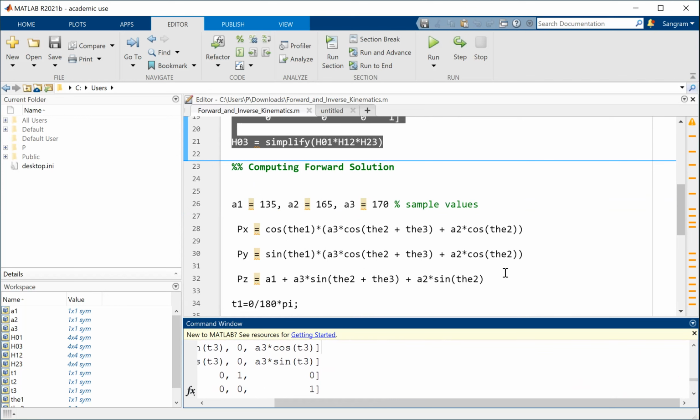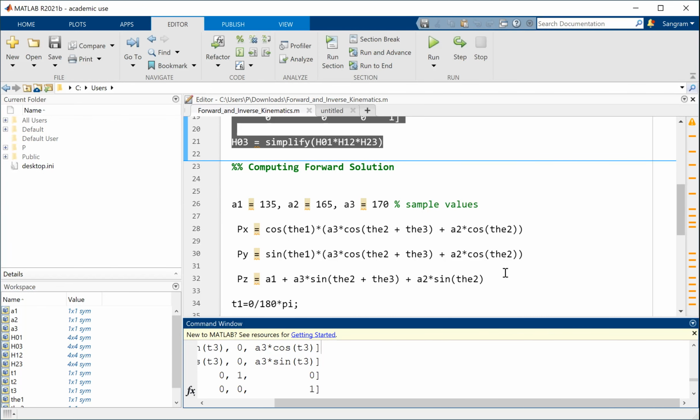These are sample values. And you can see Px, Py, Pz is nothing but what I copied from the earlier case. The only difference here is that T1, T2, and T3 are replaced by THE1, THE2, and THE3. The expression is still the same.